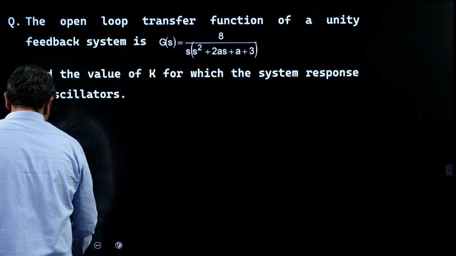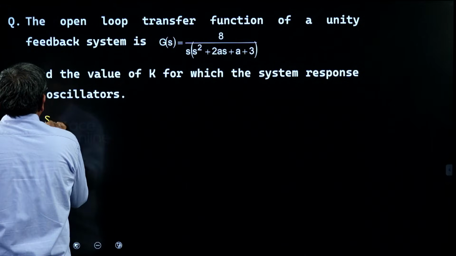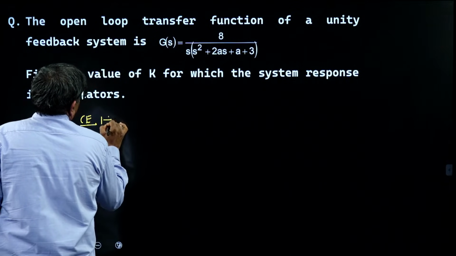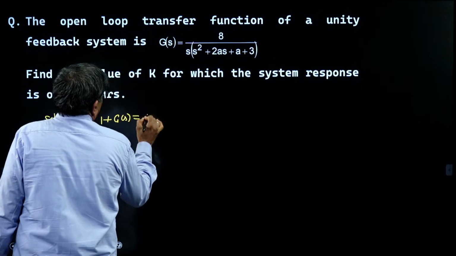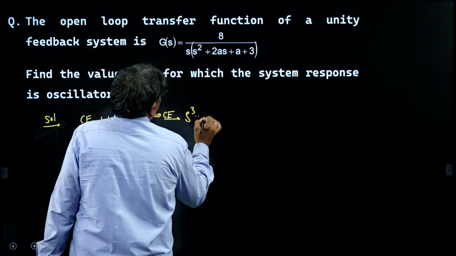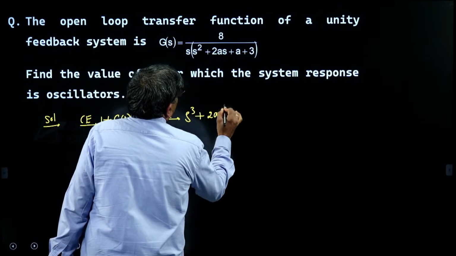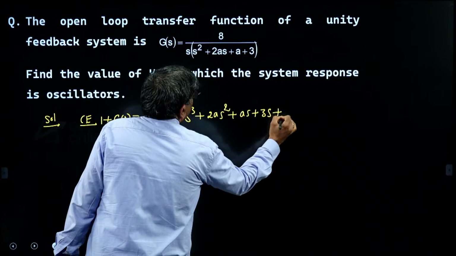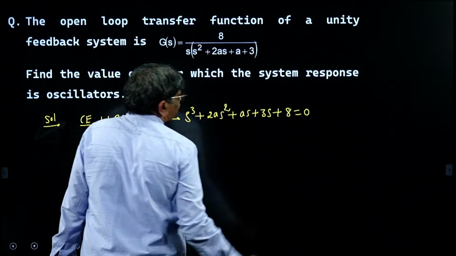Solution. So, for marginal stability, what is the characteristic equation? 1 plus G(s) equal to 0. What is the characteristic equation? s cube plus 2A s square plus A s plus 3 s plus 8 equal to 0.